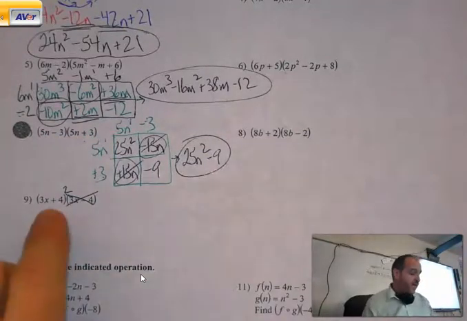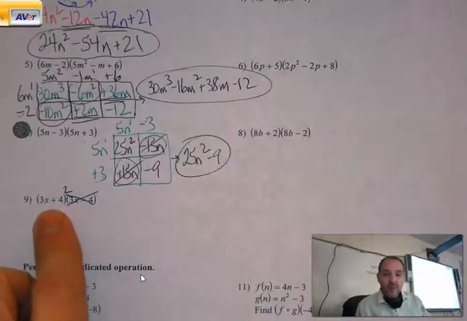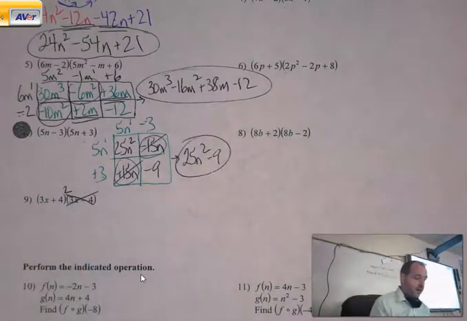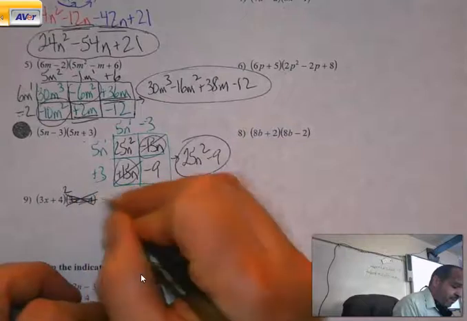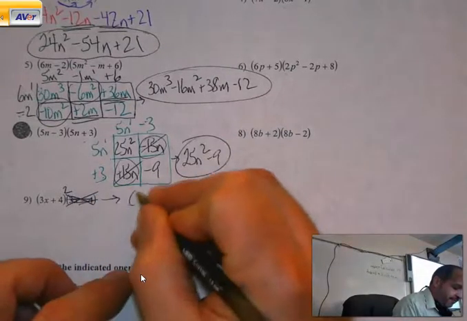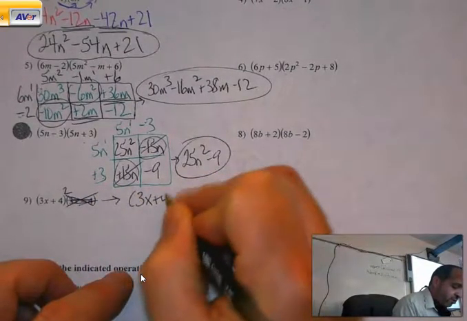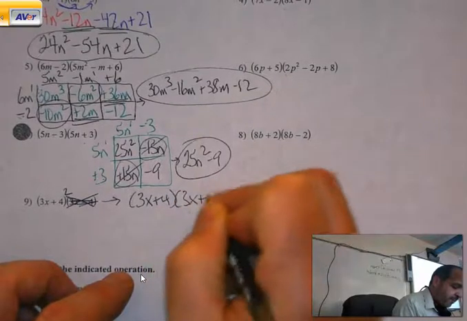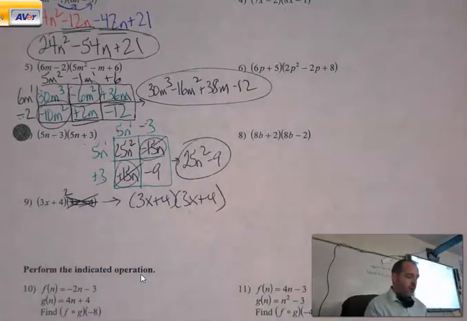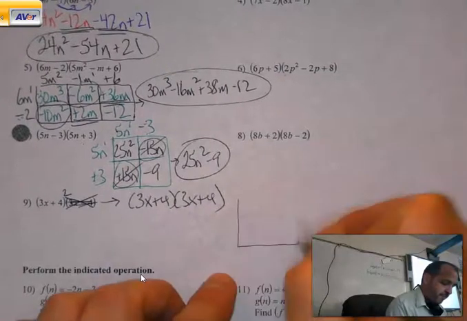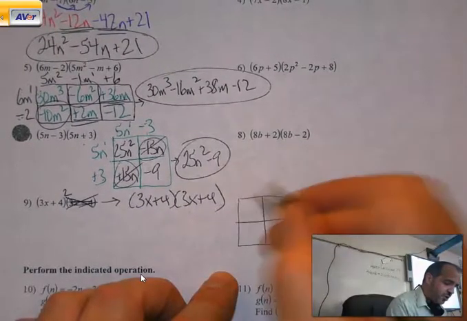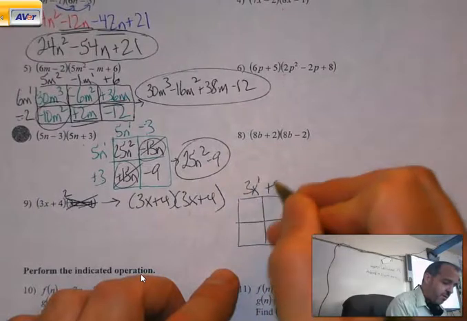Now, if the signs are the same like they are here, remember, you've got choices here. Now, if you go old school, you can still work this out. Do a box, do the distributing, it doesn't matter.